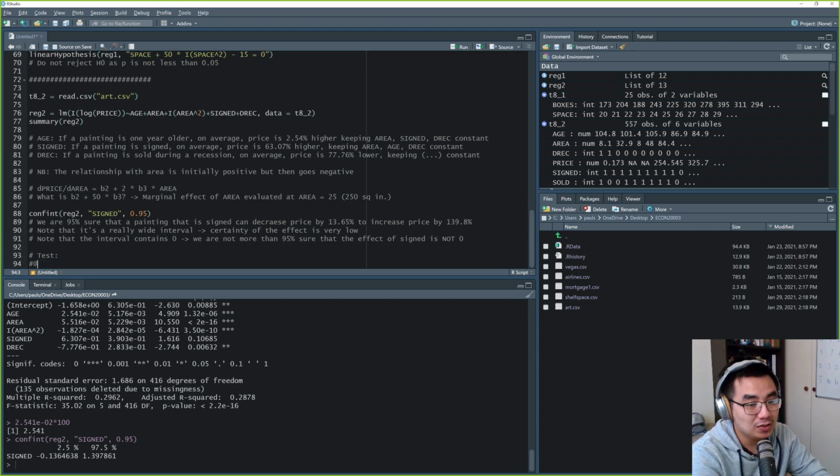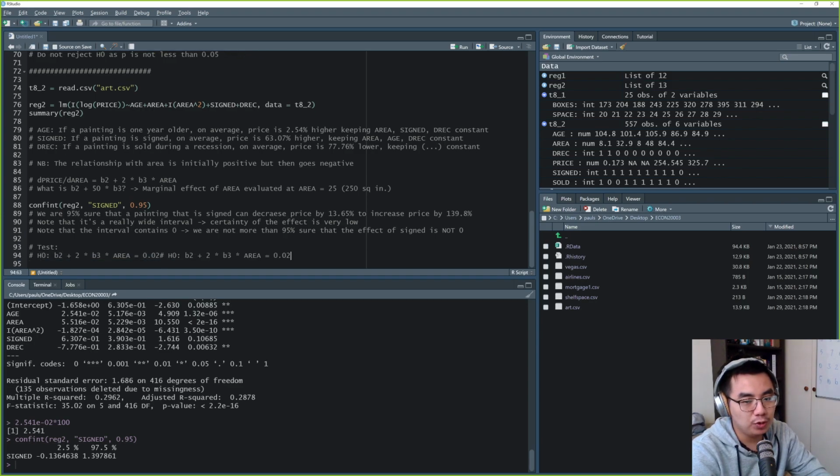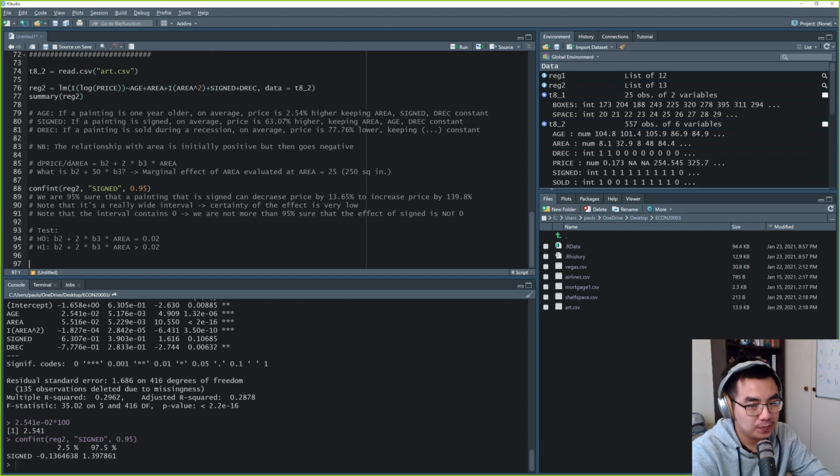You're testing H0, the derivative, which is beta 2 plus 2 times beta 3 times area, is equal to 2%, which is 0.02, against the alternative that it is greater than 2%. Okay? Greater than 2%. All right.